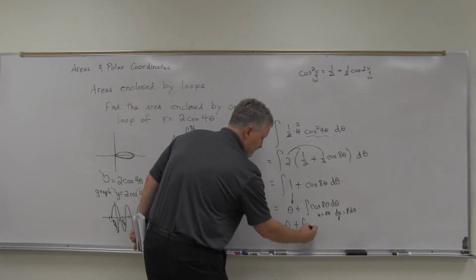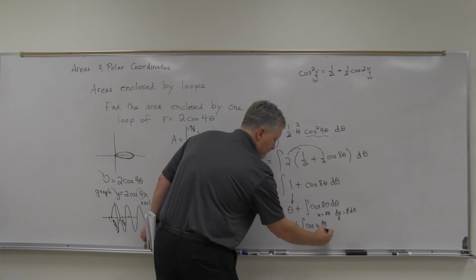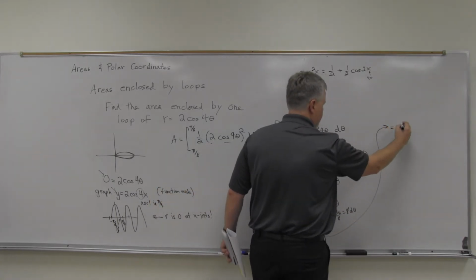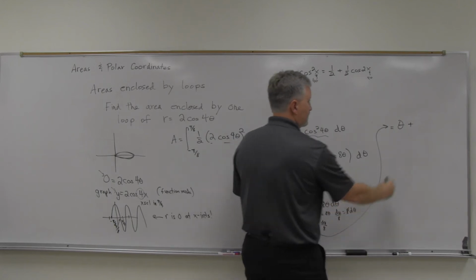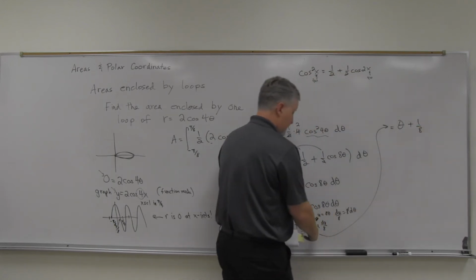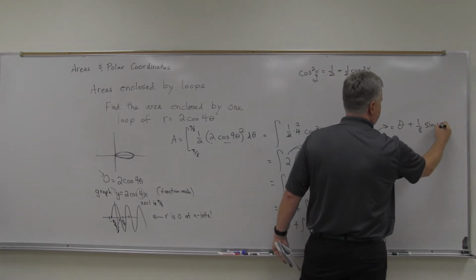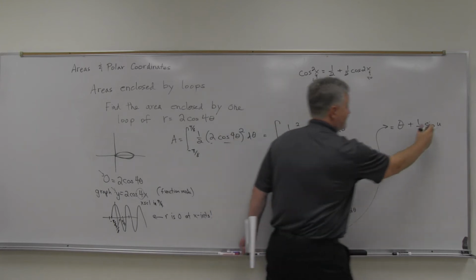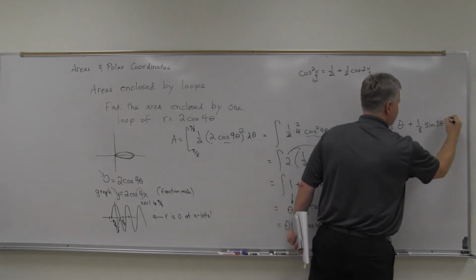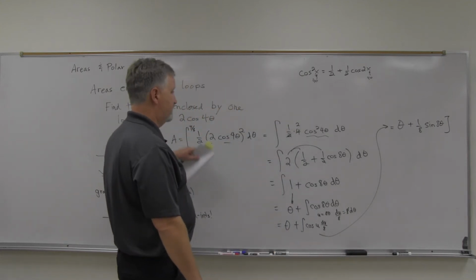So it's cosine of u, and that's du over 8. So that's theta plus the antiderivative of cosine, it's 1/8 times the antiderivative of cosine, which is sine. So it's 1/8 sine of u, but u was 8 theta. And I'm going to go from negative pi over 8 to pi over 8 for that.